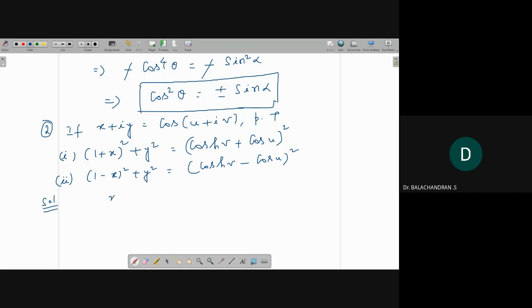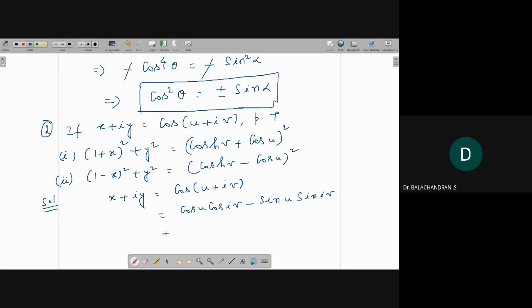So what is given here? x plus iy equals cos of u plus iv. Right hand side, cos of a plus b equals cos a cos b minus sin a into sin b.